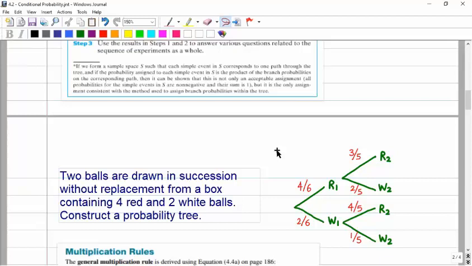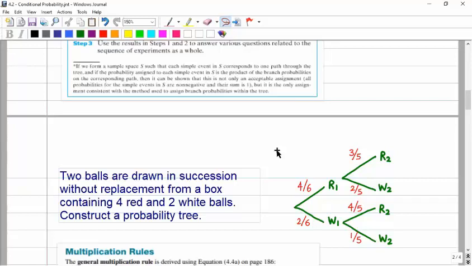Without replacement. Now, this is very important: with and without replacement. That's important for things like drawing balls out of a box, or drawing a card out of a deck. If you replace that card before you draw the next time, that's totally different than if you draw that card and leave it out.